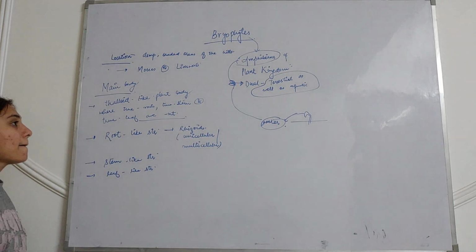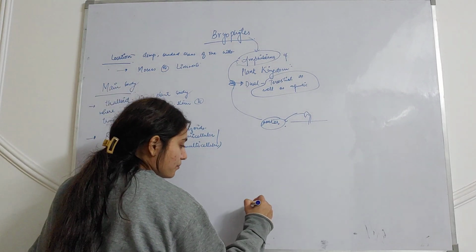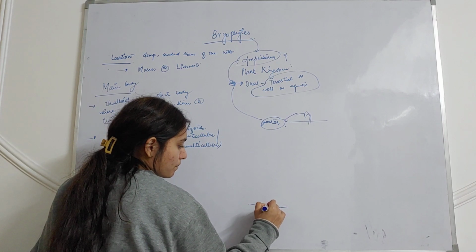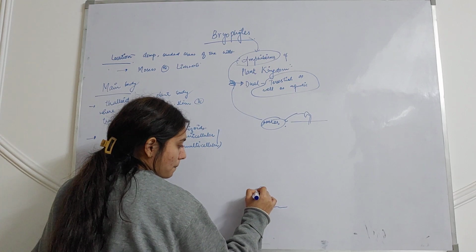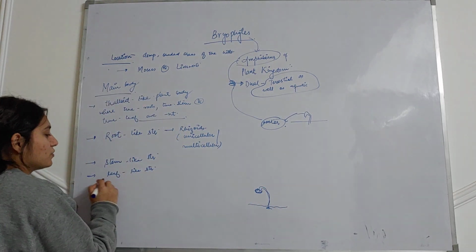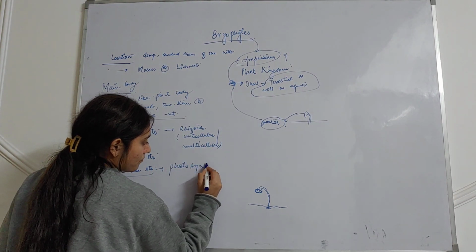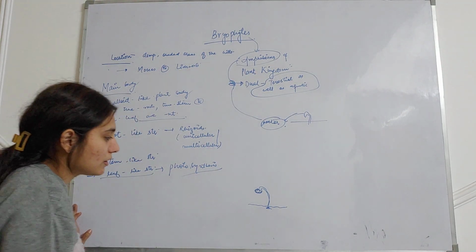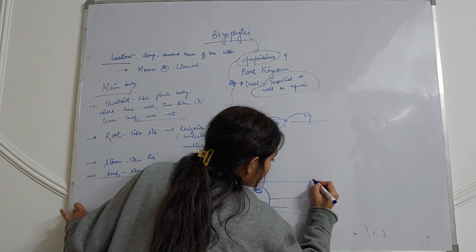So the basic structure is like, leaf-like structure performs photosynthesis.